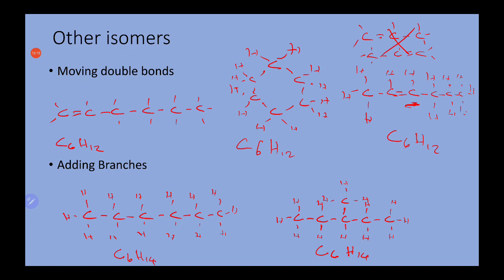You're chopping a carbon off and moving it to the middle of the molecule. If you just add another carbon onto the end, you're not creating an isomer. All you're doing is creating a bend in the molecule. We've looked at that before when we've been naming things, and a few of you fell into that trap of thinking that's a branch, when actually the molecule is just a little bit bent.